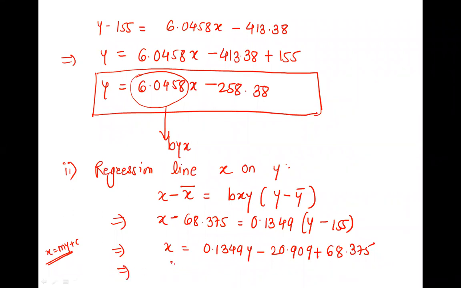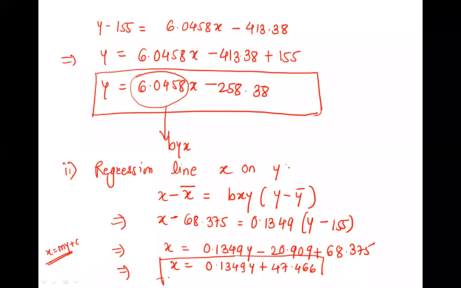So therefore, x is equal to 0.1349y, and the plus will come there, tell me what comes. 47.466. If there are more digits, write up to 4 digits after the point, whatever it is. Okay, so this is the regression line x on y.